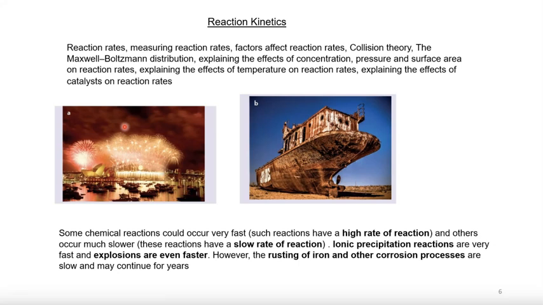The subsections are: reaction rates, how we measure reaction rates, which factors affect the reaction rate, collision theory, the Maxwell-Boltzmann distribution, explaining the effects of concentration, pressure, and surface area on reaction rate, explaining the effects of temperature on reaction rates, and explaining the effects of catalysis on reaction rate. These are the points to be discussed as per the AS level syllabus of reaction kinetics.